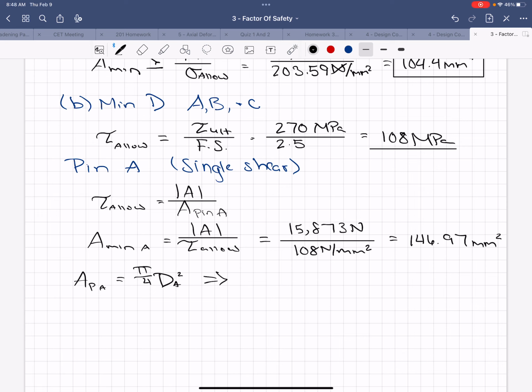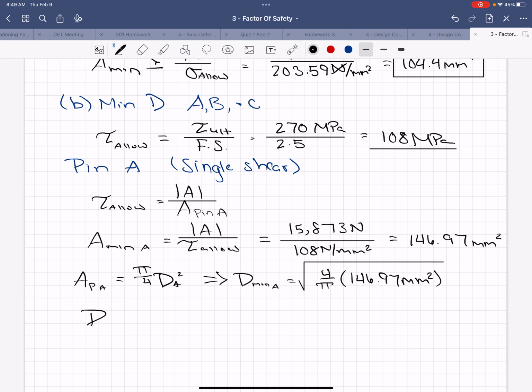So we have d min at A equals the square root of 4 over pi times the area, which is 146.97 millimeters squared.